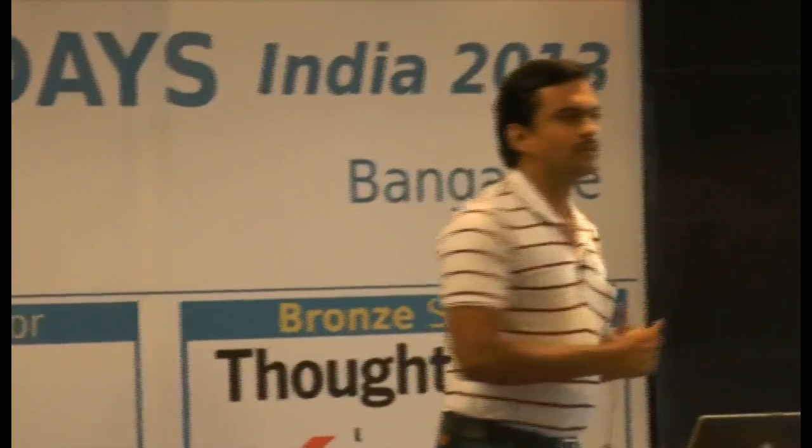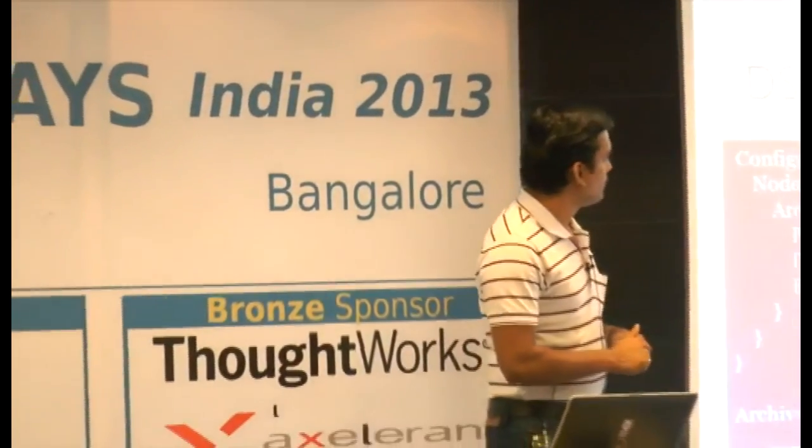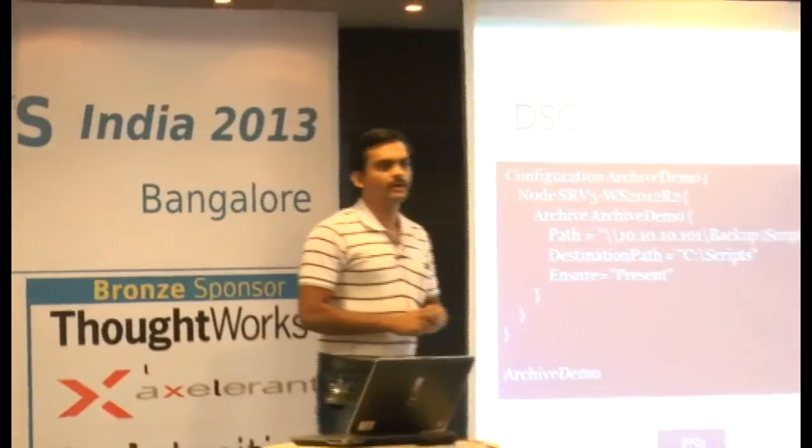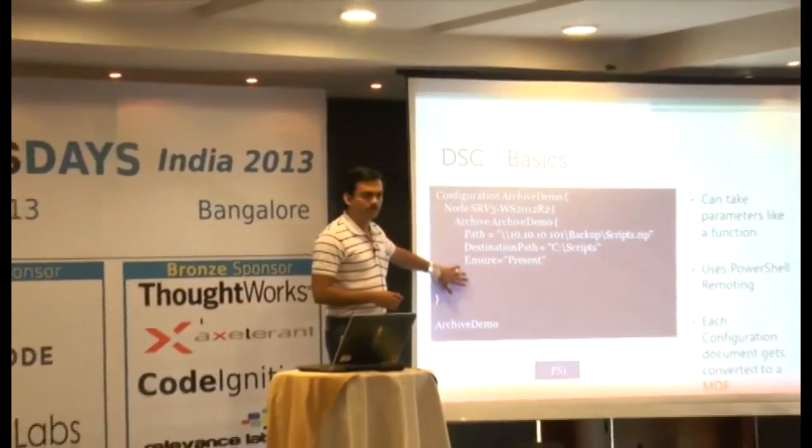For configuration management, that wouldn't really scale well, right? If for every change that you want to perform on your infrastructure you keep writing hundreds of lines of code, at one point in time it becomes completely unmanageable. Okay? That's why Microsoft chose to implement something called a declarative syntax. If you look at this syntax here, Configuration is a new keyword that is added to the language, which basically defines a configuration document.